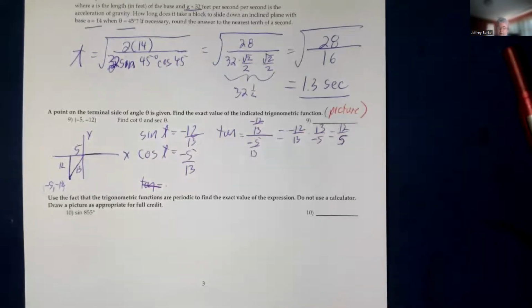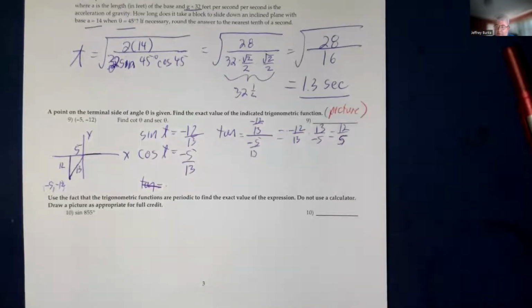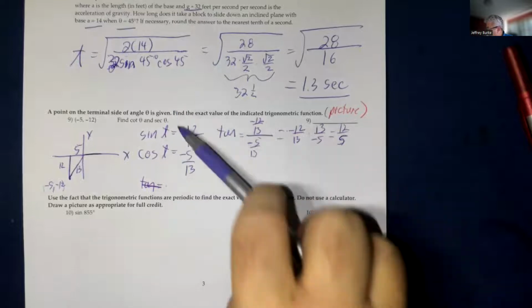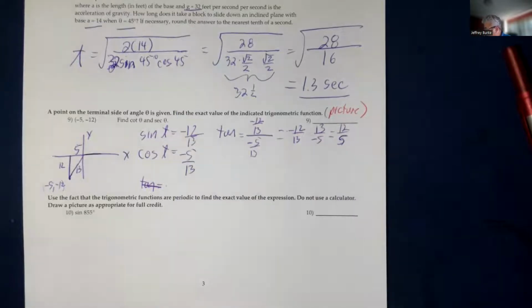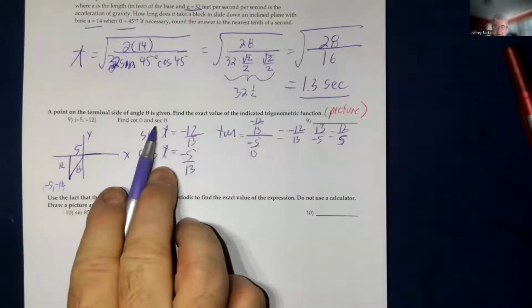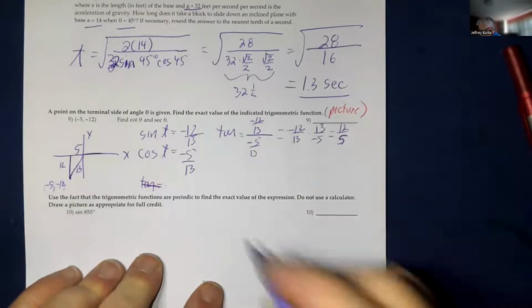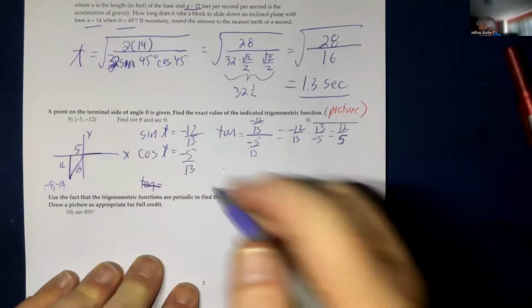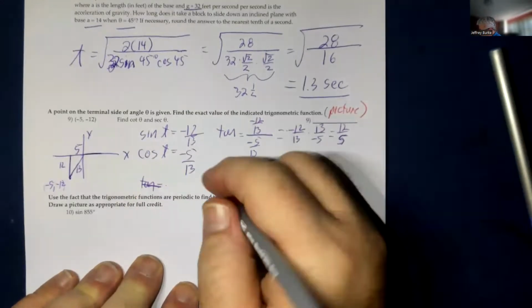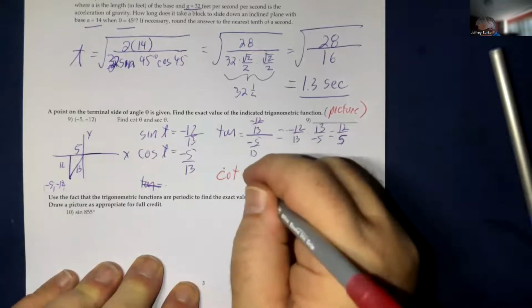So why is it helpful to have these relationships? Because if you know your sine, your cosine, and your tangent from this, you should be able to get your cotangent and your secant based on the reciprocals. If you know that the tangent is 12 over 5, you should probably know what's asked for, and I'll put that in red to highlight this, the cotangent of theta.